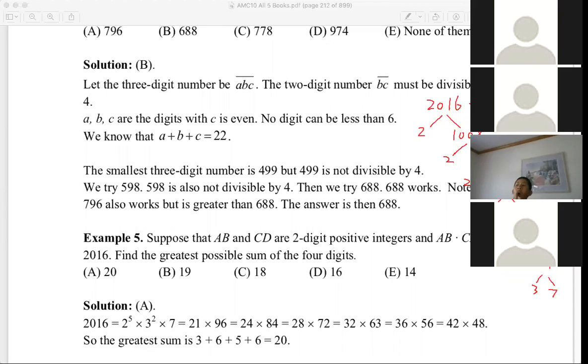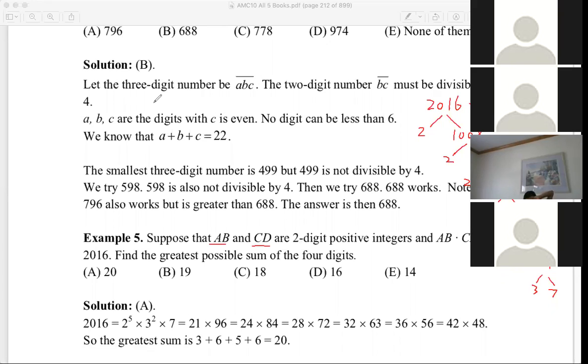So then we can write this number as, 1, 2, 3, 4, 5, that's 2 to the power 5 times 3 to the power 2, then times 7 to the power 1. This is the prime factorization of 2016. Now you need to write 2016 as the product of two two-digit numbers.